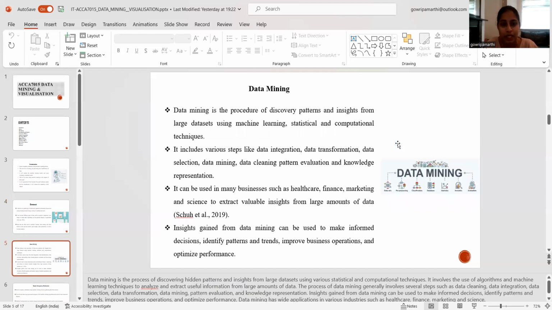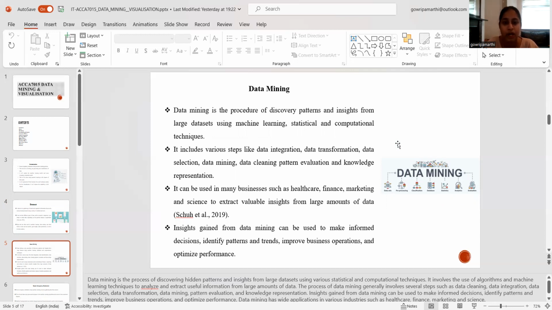What is data mining? Data mining is the procedure of discovering different patterns and insights in large data sets using machine learning, statistical and computational techniques.